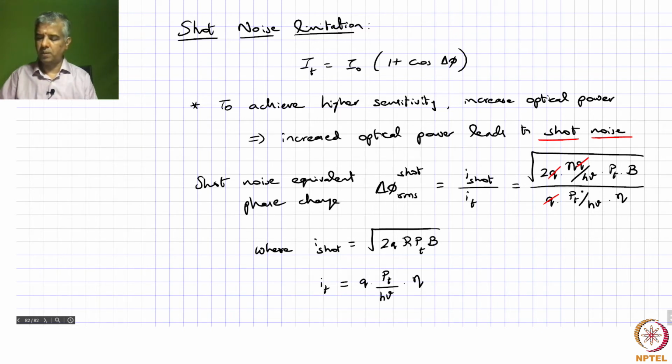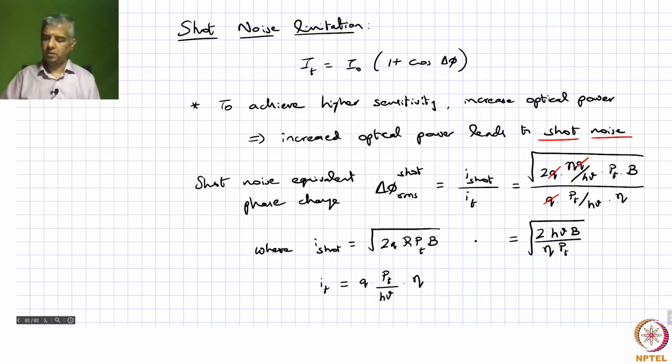Root of pt will cancel, and similarly root of h nu. We can simplify this and write it as 2 times h nu b divided by eta times pt, the whole root. Okay.